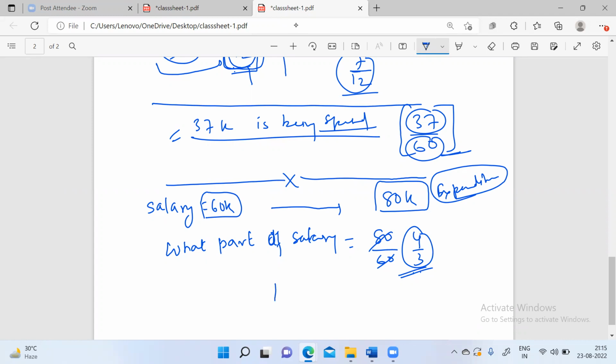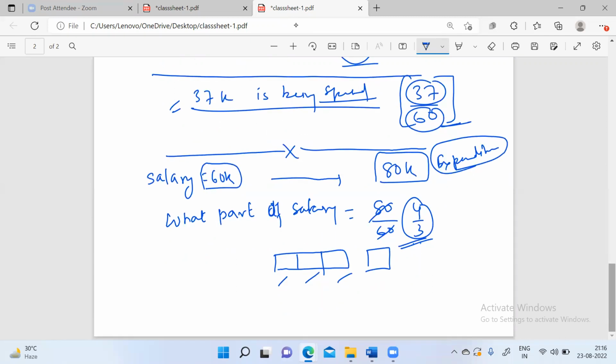If the salary has been divided into 3 equal parts, you spend these 3 as well as one part more. Okay, so every time a fractional representation of a part is there, you need to speak it in words, like 4/3, or in reverse order. I'll tell you.